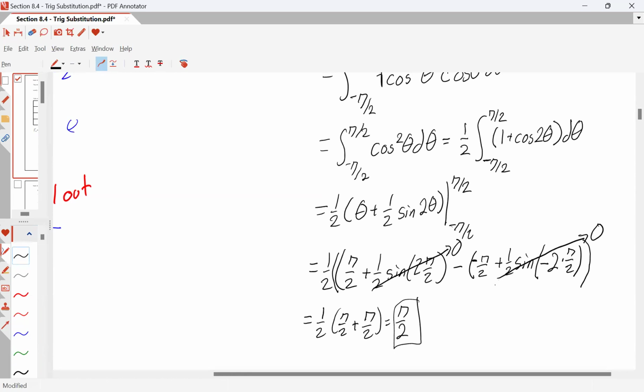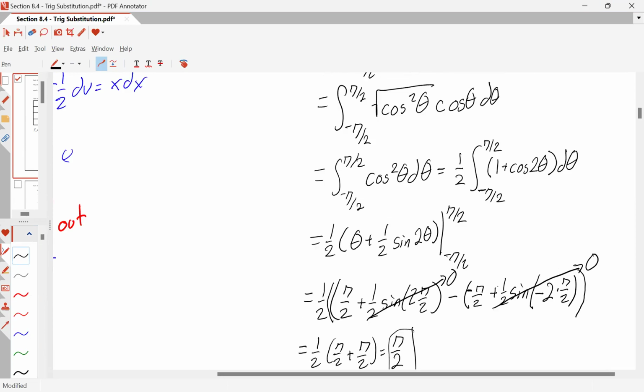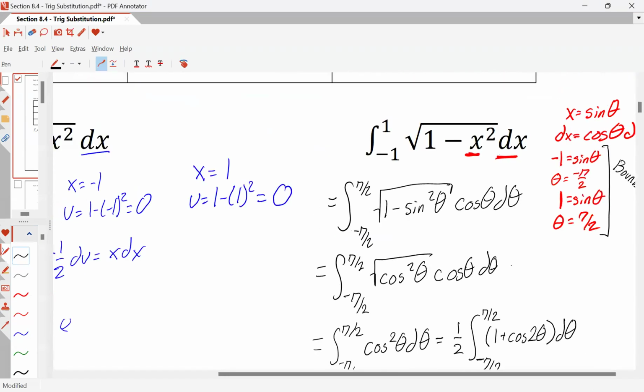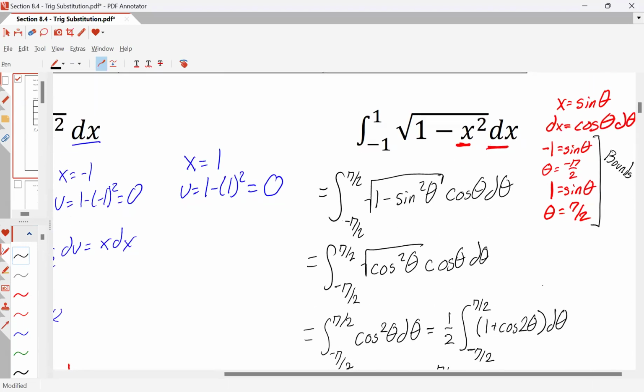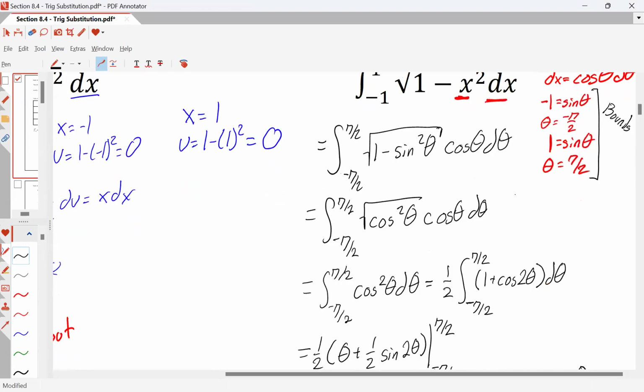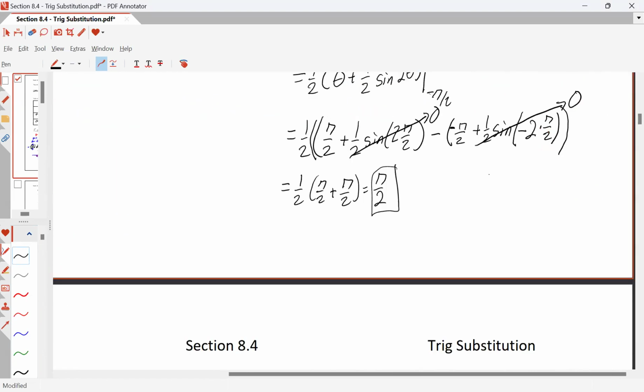For similar reasoning, why is this integral from -1 to 1 of the square root of 1 minus x squared dx equal to pi over 2? Well, we ultimately have a top half of a circle. This is the square root of 1 minus x squared, going from the bounds of -1 to 1. This is the top half of a circle with radius 1.